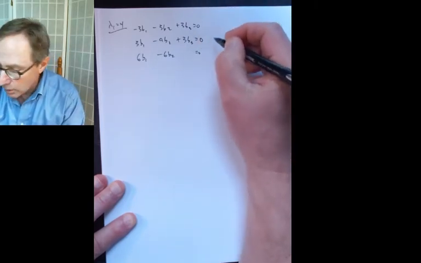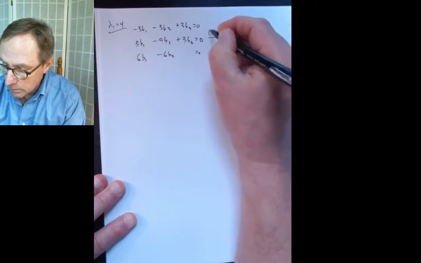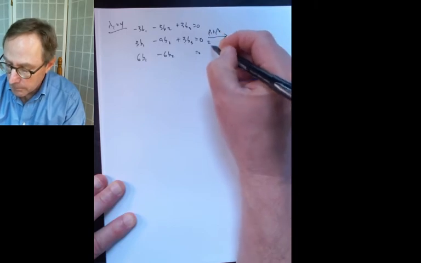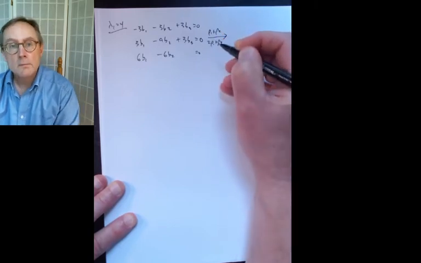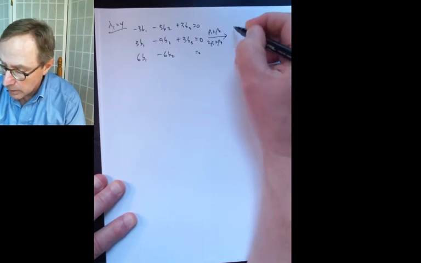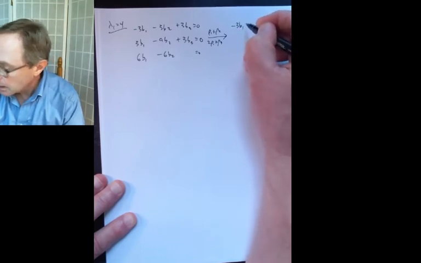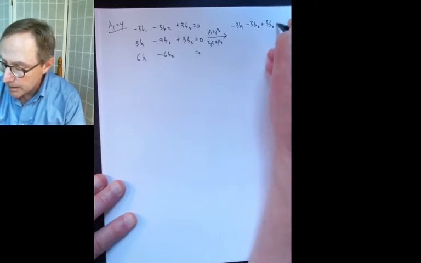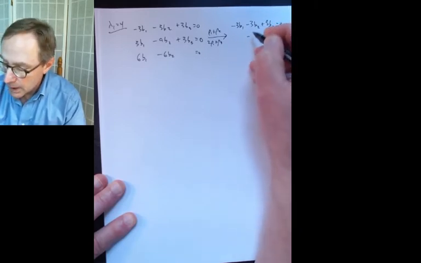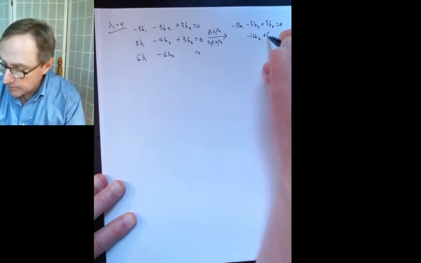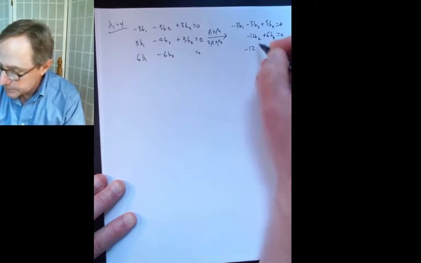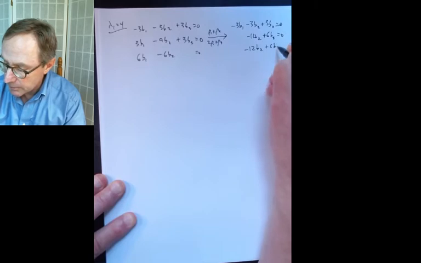I took row 1 plus row 2, and also 2 row 1 plus row 3. And I get here, let's see, minus 3b1 minus 3b2 plus 3b3 equals 0, minus 12b2 plus 6b3 equals 0, minus 12b2 plus 6b3 equals 0.